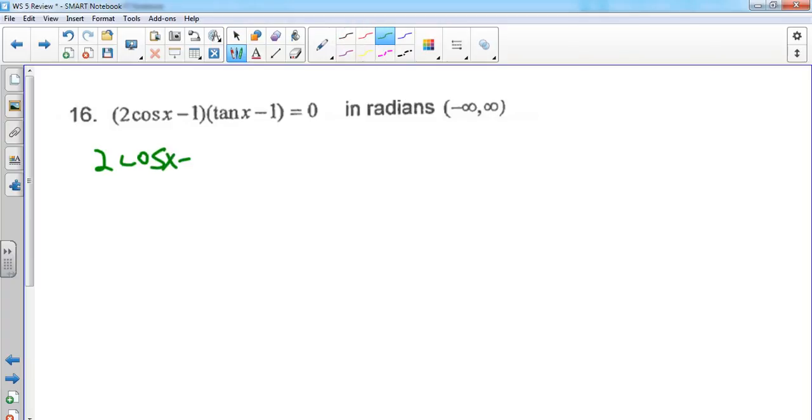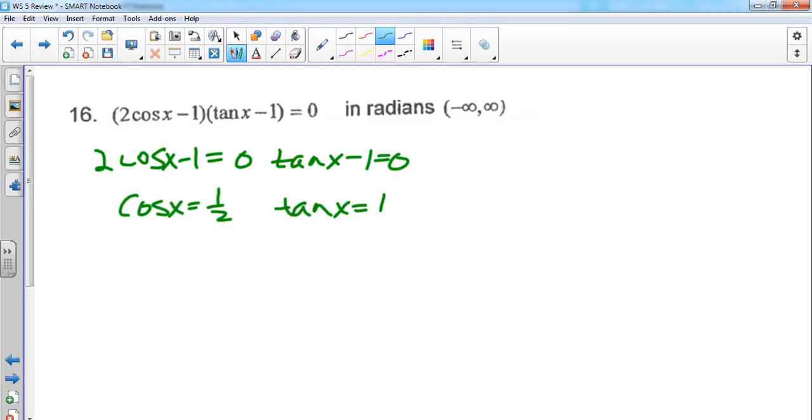2 cosine x minus 1 equals 0, or tangent of x minus 1 equals 0. So where is that true on the unit circle? If you FOIL it back together, you're going to have to factor it again. It's already factored. Yeah. This is easier. I know. Yeah. The cosine is 1/2 at pi over 6, am I right?